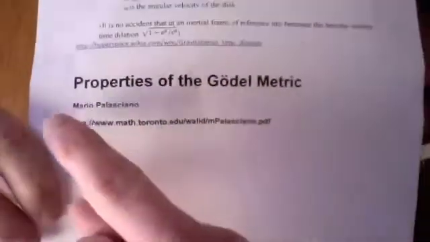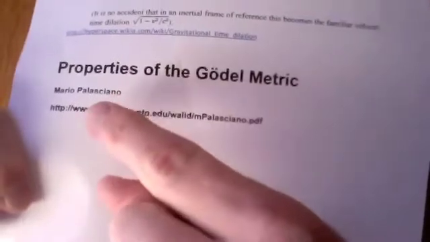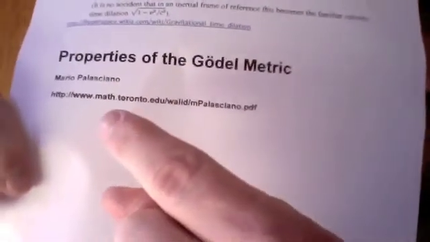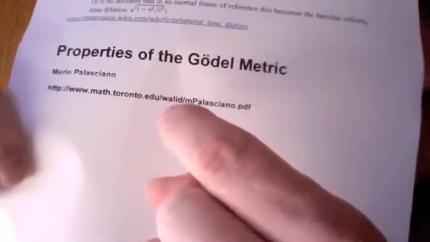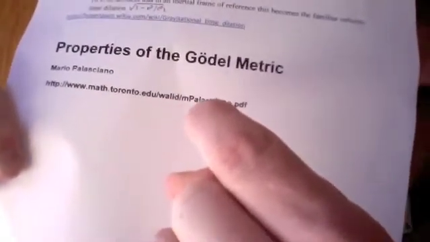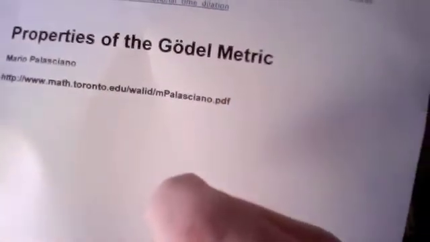So I'm going to go ahead and follow along the lines of Math for Physics and his suggestion of properties of the Gödel metric by Mario Palescano. And here's the website for it, www.math.toronto.edu/walid/mpalesciano.pdf. You can freeze that if you want and copy it down, where he goes more into Gödel's actual formulae, and they're very advanced.